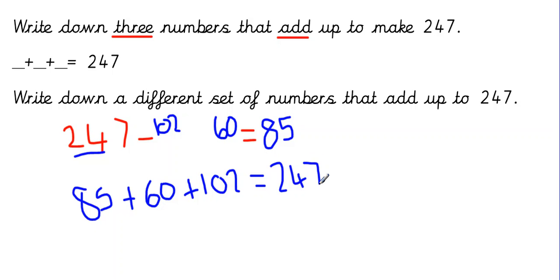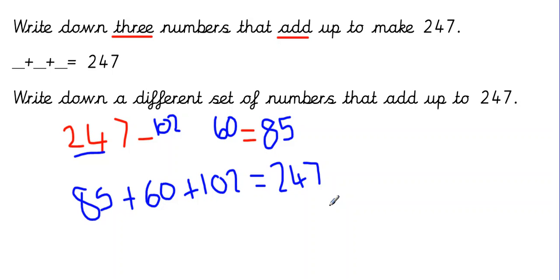Can you see how this calculation is backwards to this one? So I'm starting with 247 here, I'm finishing with it in this one. I'm finishing with 85 here, I'm starting with it in this one. So it's as if I've read this first calculation backwards to create my additions. That's called the inverse, okay?